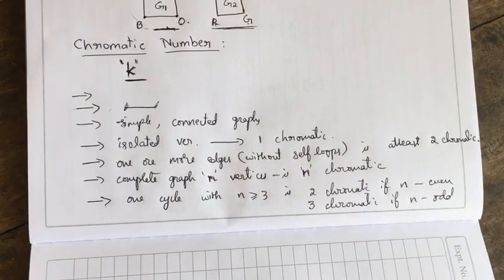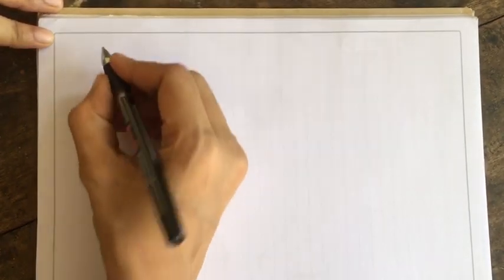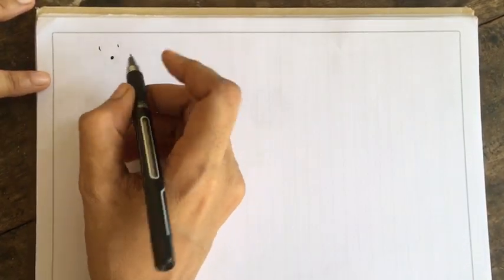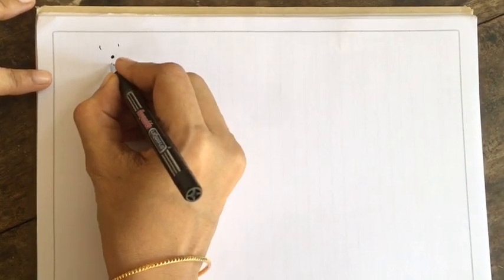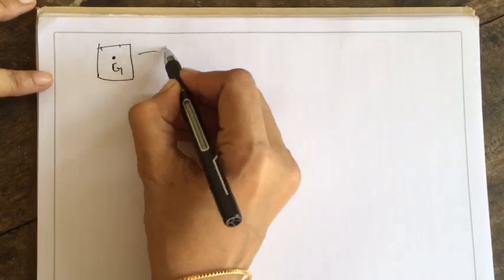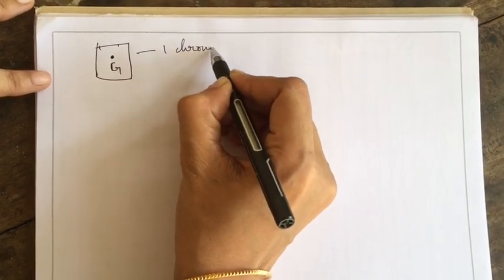These 3 points. See, if I have an isolated vertex, I can use only one color for this. One color, say green. So an isolated vertex is one chromatic.